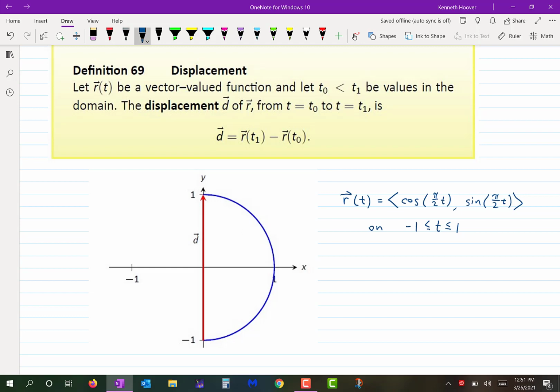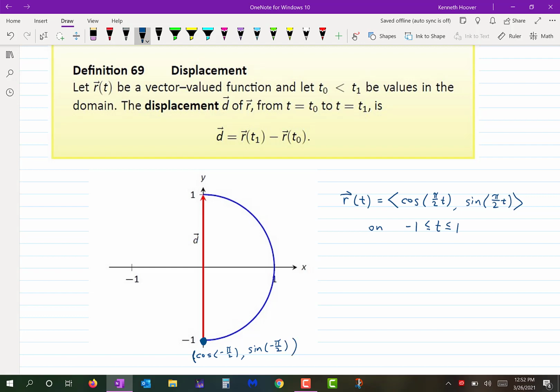And the terminal point for that vector is right down here. Okay, so that's the point cosine of -pi/2 comma sine of -pi/2.